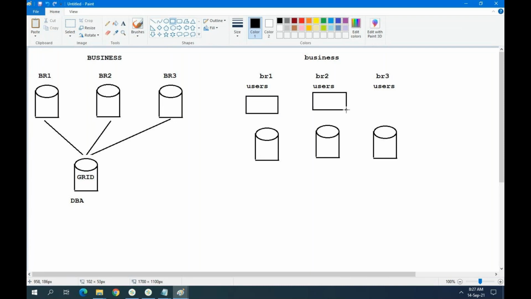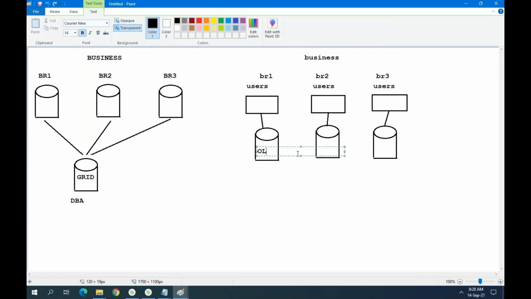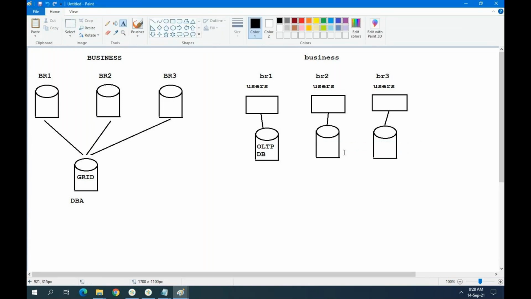The users are communicating through web pages. These are known as OLTP databases: online transaction processing databases. So all these three are OLTP databases.